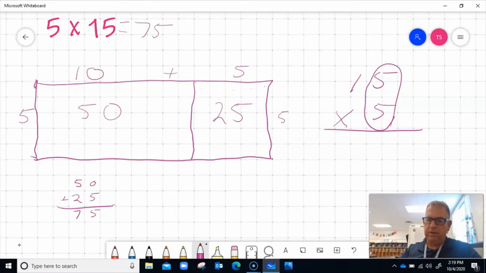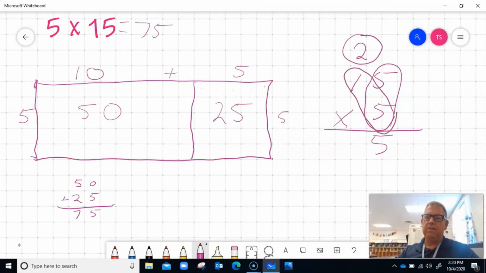And I can't put 25 in the ones place, so I have to regroup and put the 2 over here. I'm going to circle that. Just remember I need to use it again. And then I'm going to multiply the ones place by the tens place. And 5 times 1 is 5, plus 2 would be 7.